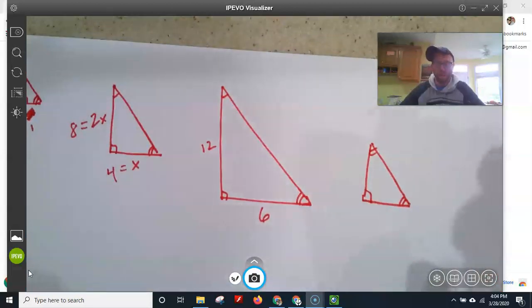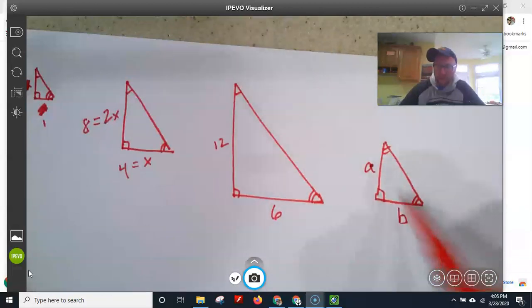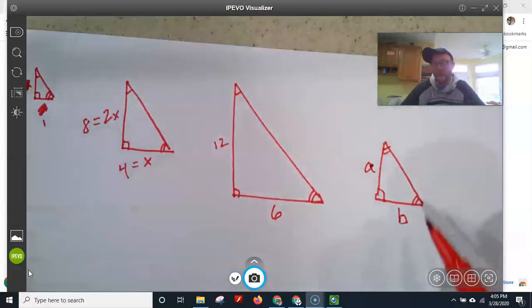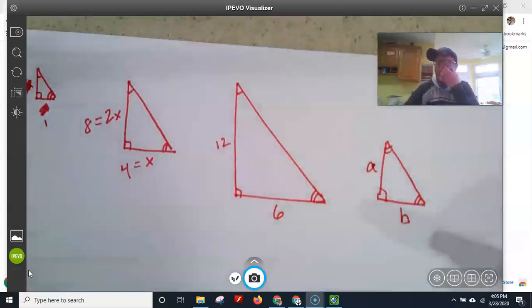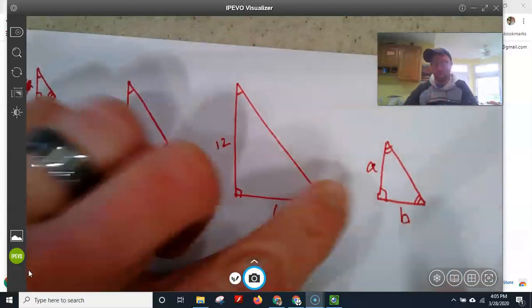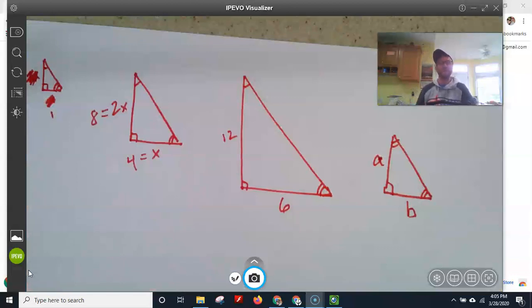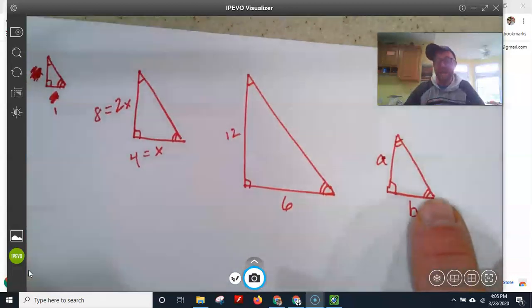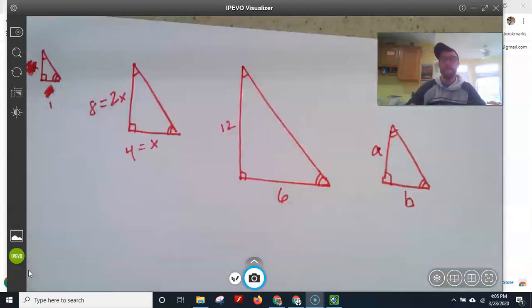So, in a right triangle, if I knew what the relationship was between the base and the height, and I knew what this angle was, I would know what the relationship was between the base and the height of any triangle at all that had that angle in it. And that's our key, because you do know that.